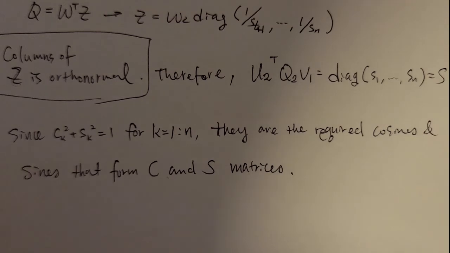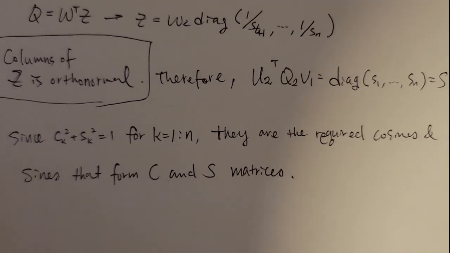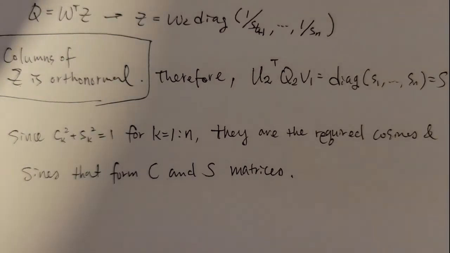What we have shown so far is that the columns of the Z matrix are orthonormal.